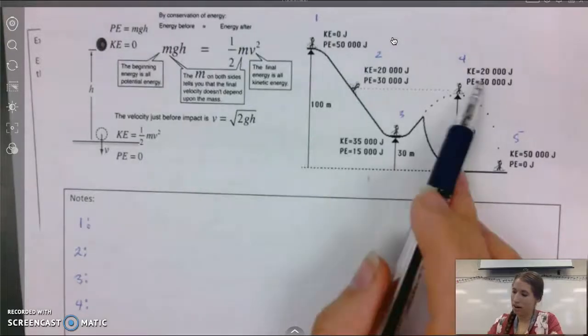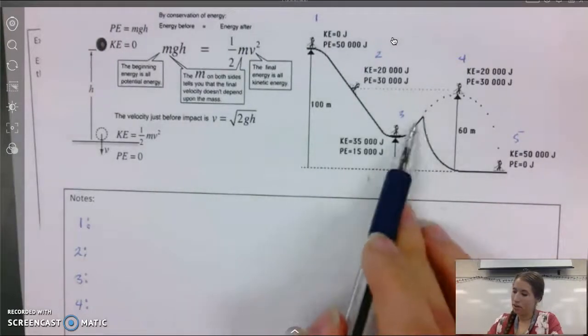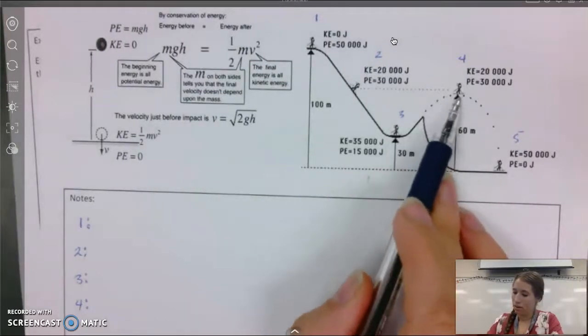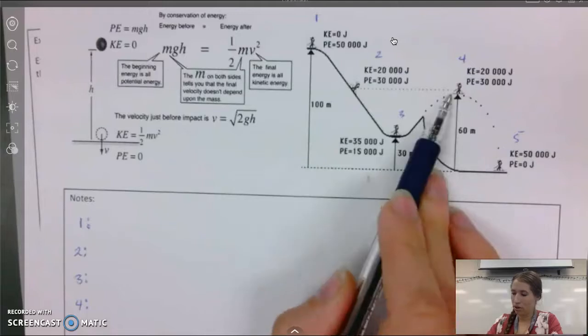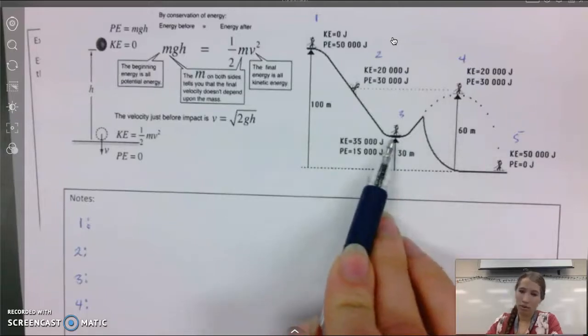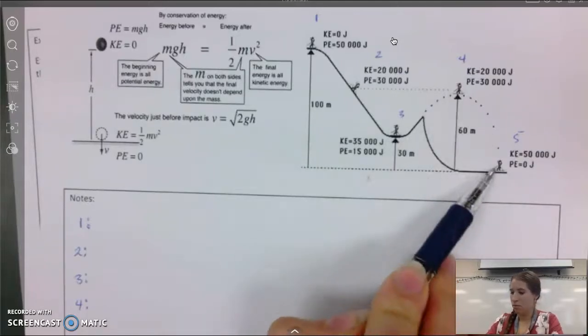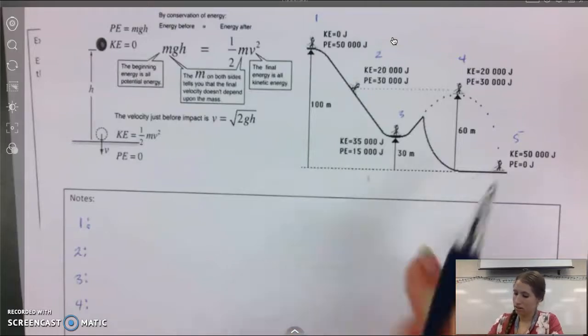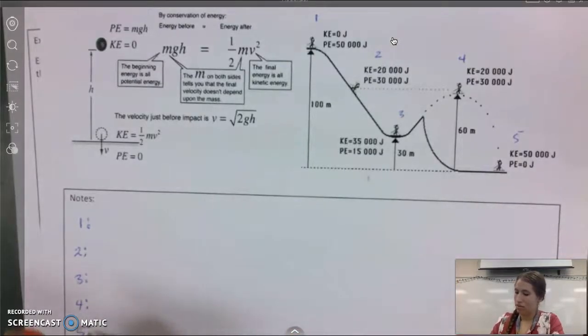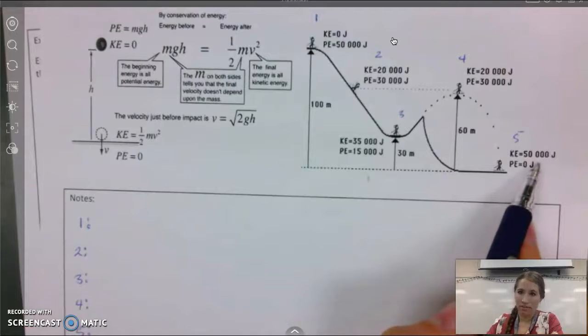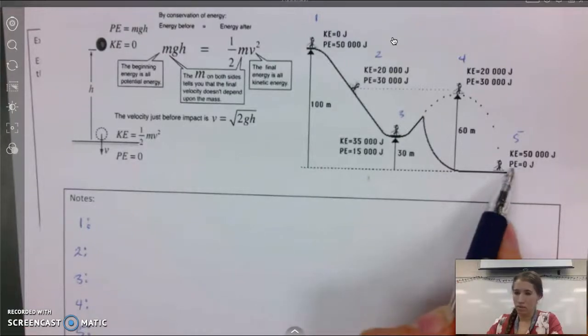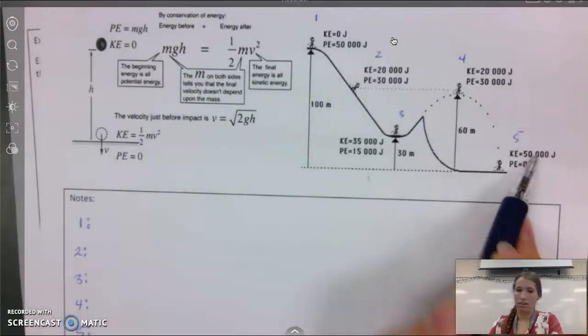So we have some kinetic, and we increased our potential because we are at a higher elevation, a greater height than at spot 4. And then that moment right before we hit the ground, all that potential energy transitions to kinetic energy. And so we no longer have a potential, and now it's all kinetic.